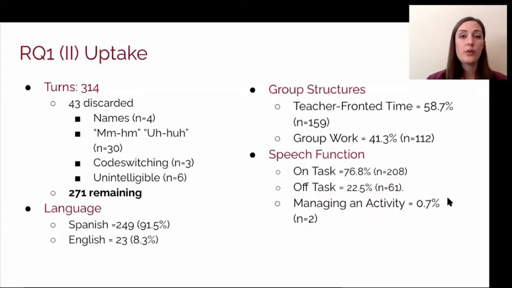So now looking at the ways that students took up these opportunities, the total number of turns for students that were taking up these opportunities was 314, which is 102 turns lower than would be expected based on how many opportunities were offered. So this discrepancy is likely due to students often responding by nodding their head or shaking their head or shrugging their shoulders, something inaudible.